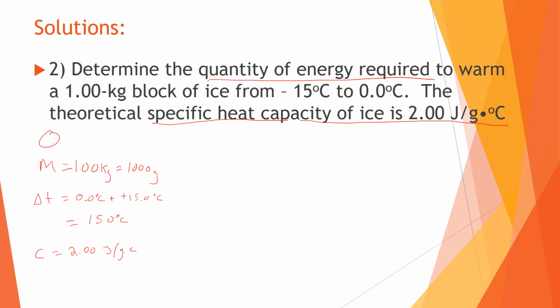So what they're looking for is Q. Again, I don't have to manipulate this formula. It's already the way that I want it to be. I just have to plug in the numbers. The trick to this question was just making sure that my kilograms was turned into grams and that I'm using the specific heat capacity of ice, which is 2.00 joules per gram degree Celsius.